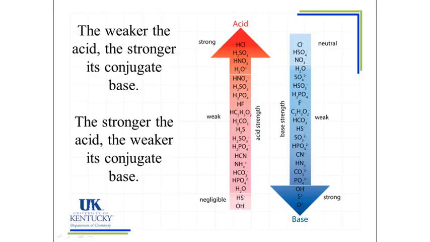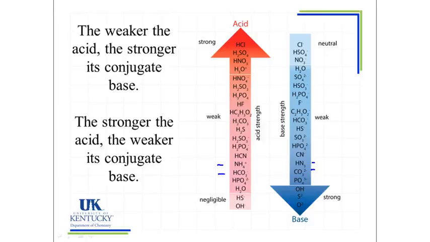Now we can look at the relative strengths of an acid and its conjugate base. What we find is that the weaker the acid, the stronger its conjugate base. When we look at our spectrum of acids here, when we get to something down here like NH4+ or HCO3-, we see that the conjugate bases of these substances are on the strong end of the bases.